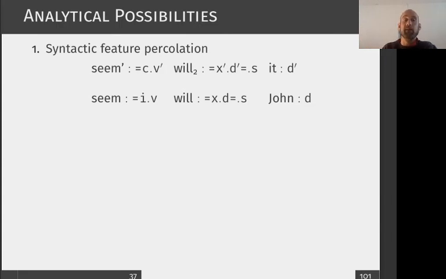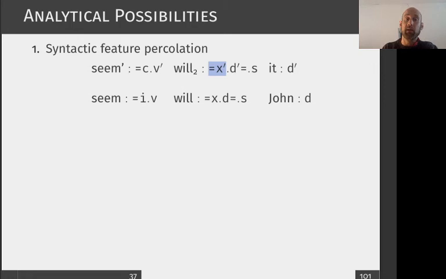It gives you a V with the information, oh yeah, I'm there because seem took a finite complement. And that information has to be doubled on all of our auxiliaries. Will needs to take not any old X, but only an X that merged with something, that merged with something, that merged with a V that had taken a finite complement.